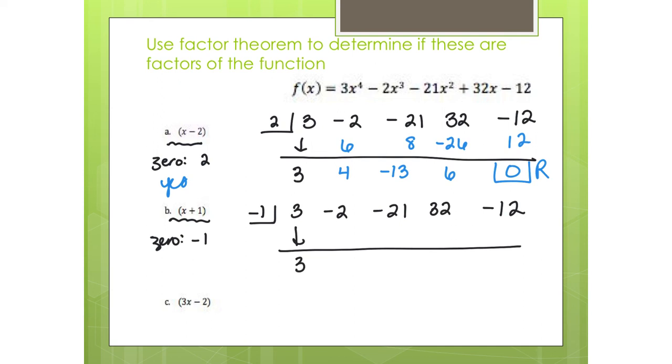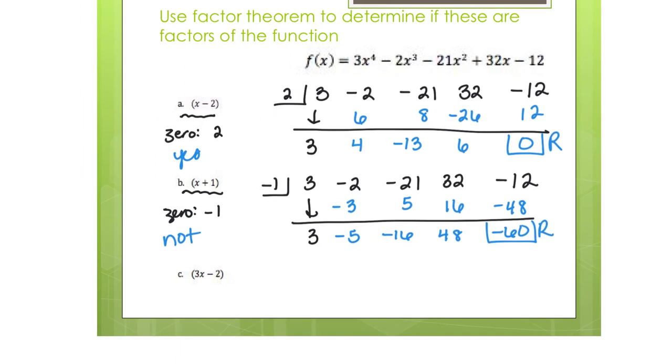So we're going to multiply, add, multiply, add, multiply, add, multiply, add. Since the remainder is negative 60, that is not a factor of the function.